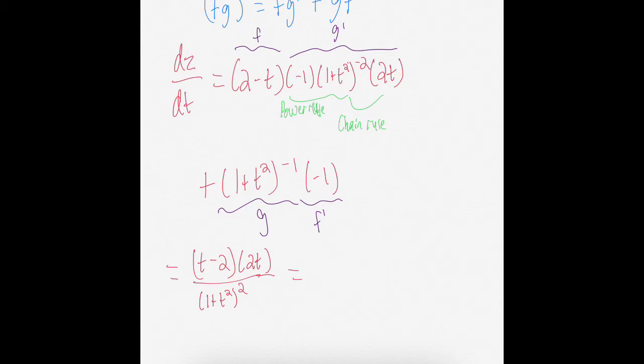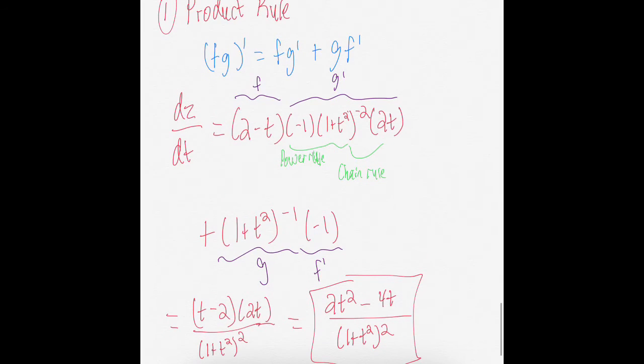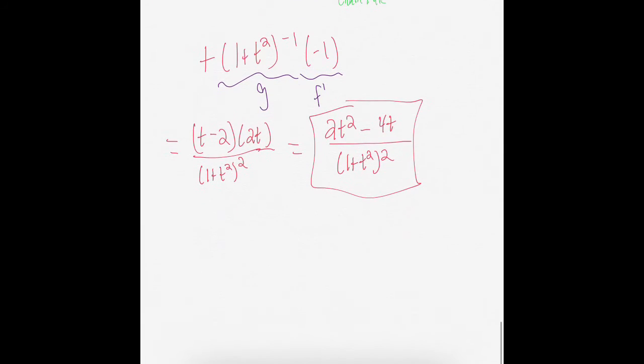And then I've got a 2t still, and we can multiply this out. We'll go ahead and do that real quick. That gives me 2t squared minus 4t all over 1 plus t squared squared. Okay, so this is our derivative done using product rule.